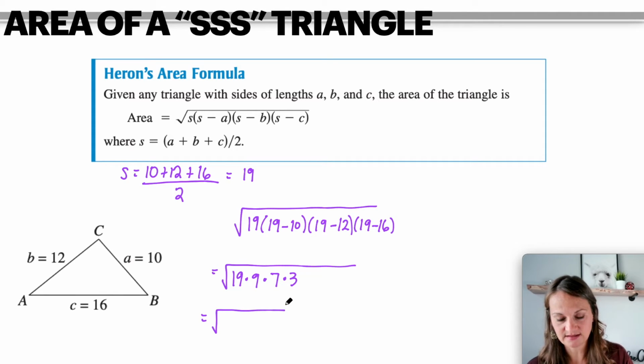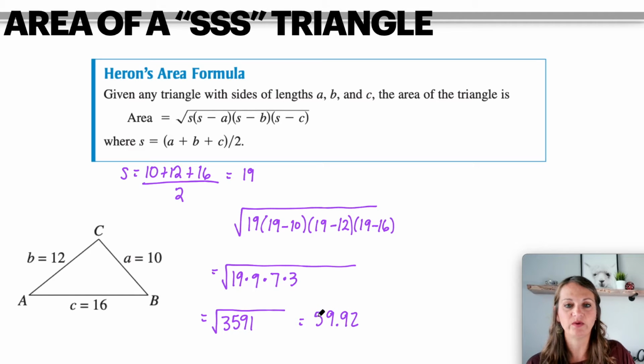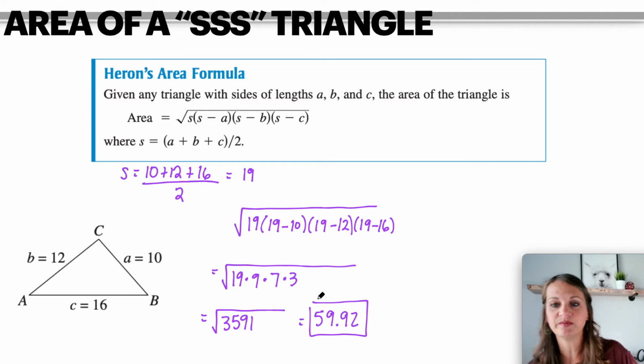So 19 times 9 times 7 times 3 is 3,591. You take the square root and you will get 59.92. We do not have units, so we just stick with 59.92 as the area of that triangle.